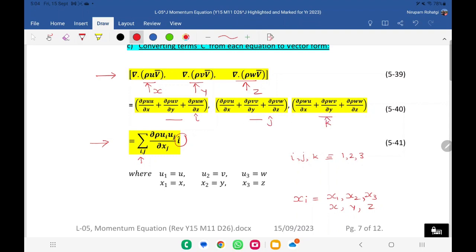You keep on changing I and J here. There will be 9 terms. 3 will come here for J equal to 1, 2, 3. Then 3 terms will come again for I equal to 2, with J 1, 2, 3. Then again for I equal to 3, there will be 3 terms, J 1, 2, 3, and they will be arranged like this. Nothing, no physics, simple mathematics.